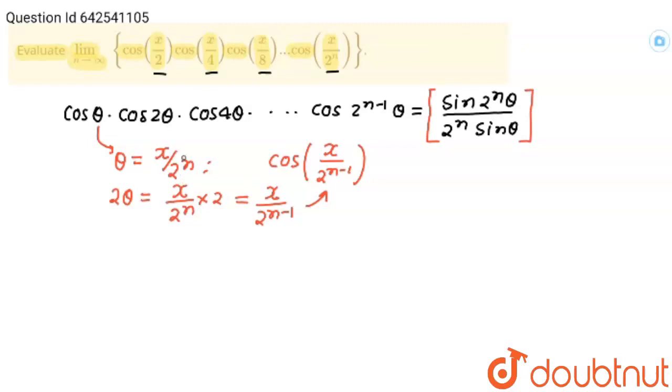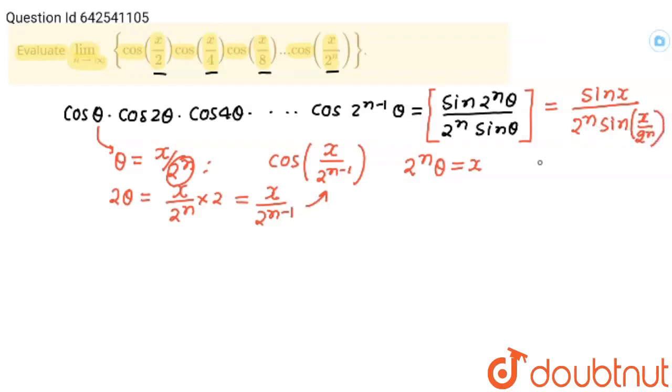If we cross multiply by 2^n, from here we get 2^n θ is equal to x. So here this will become sin x upon 2^n, and in place of θ I will write x upon 2^n.